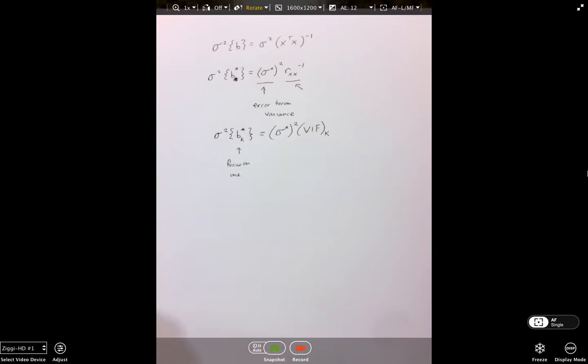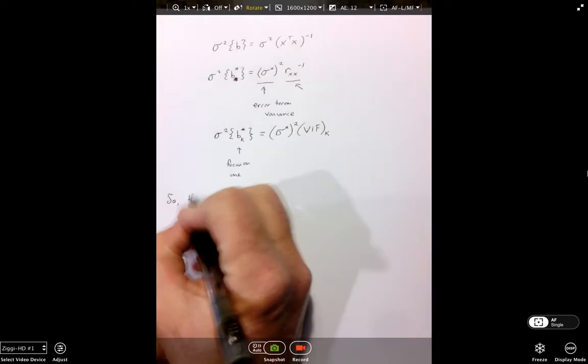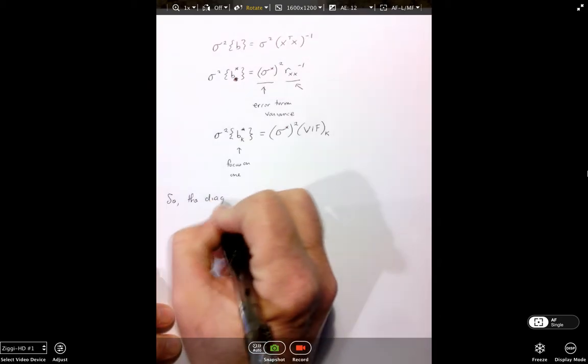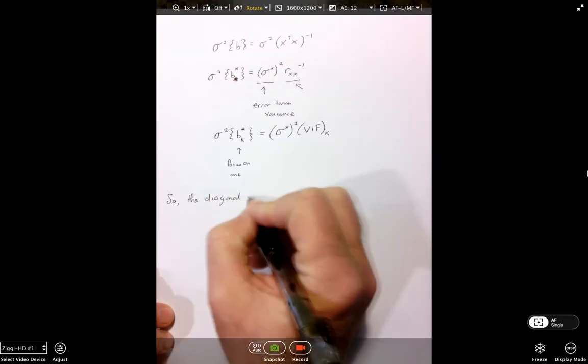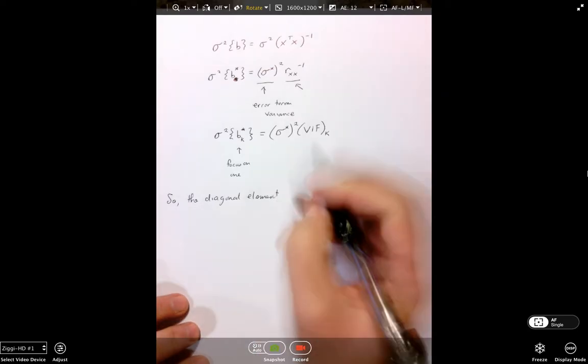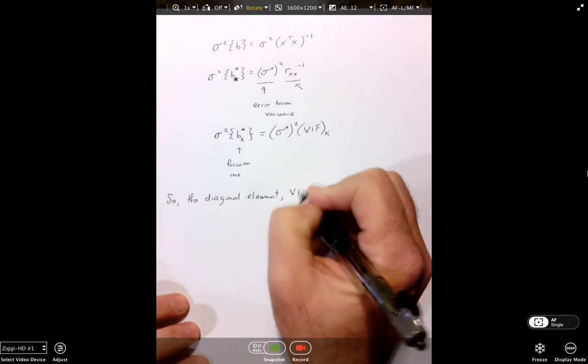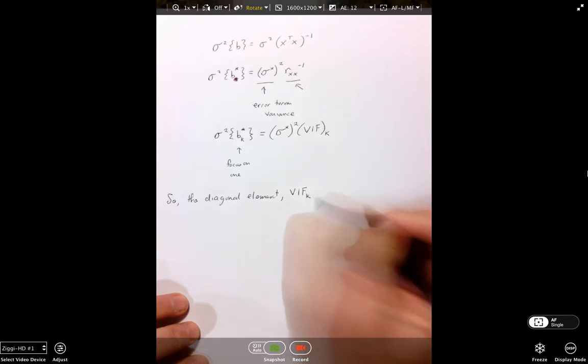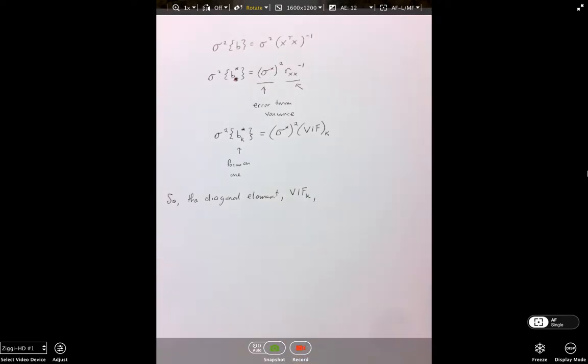So the diagonal element V of the variance inflation factor, sub k, is the variance inflation factor for B sub k.